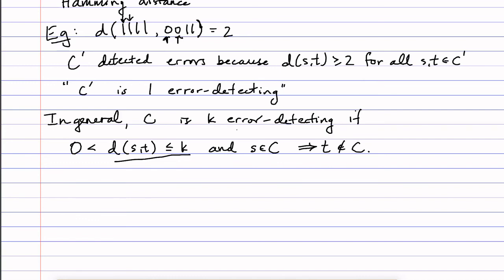So what this means is, if you start with a code word and you make k or fewer errors on it, then the resulting new string is not in your code anymore.